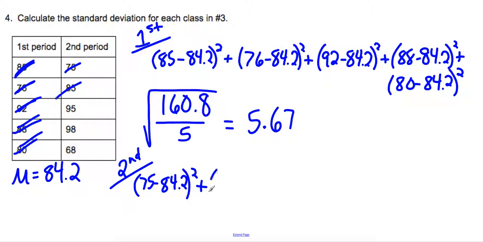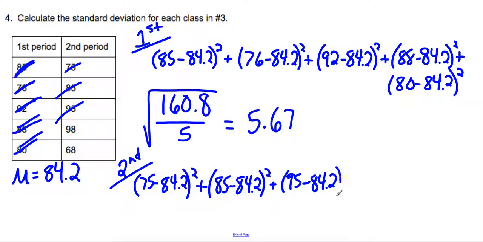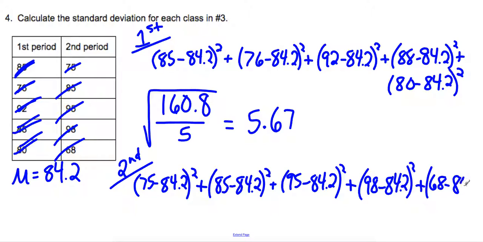Next test score, 85 minus the mean, square it. Next test score, 95 minus the mean, square it. Next test score, 98 minus the mean, square it. And last test score, 68 minus the mean, square it.